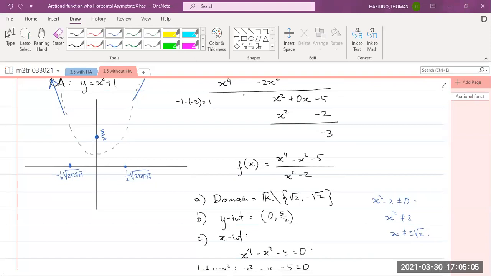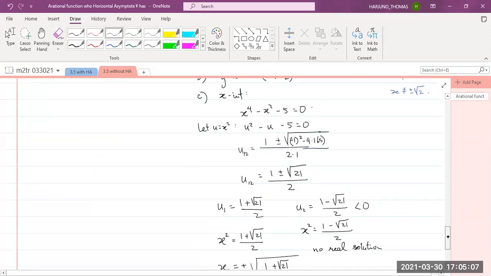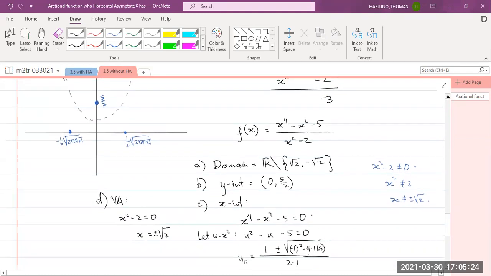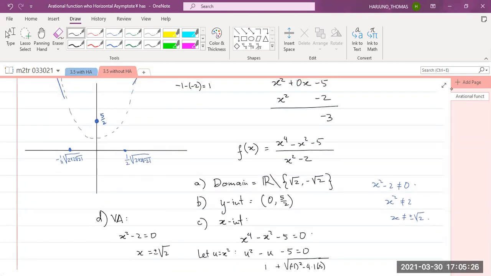Vertical asymptotes, where should I put them? Let me put it here. For the vertical asymptote, x squared minus 2, the denominator, is 0, so we get x equals plus or minus the square root of 2.